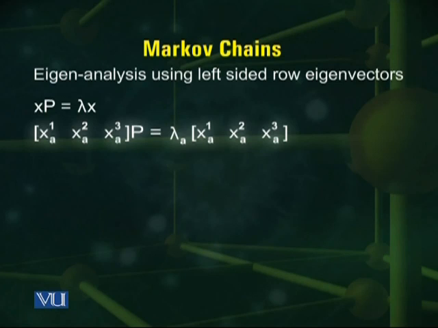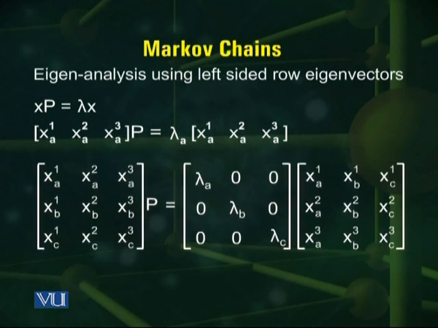This row vector gets multiplied with P, the square matrix, and you get lambda A times this row vector XA1, XA2, XA3. If we have three eigenvectors, all rows, we can put them one above the other with XA on top, XB in the middle, and XC below, and take this 3 by 3 square matrix and multiply it with P.